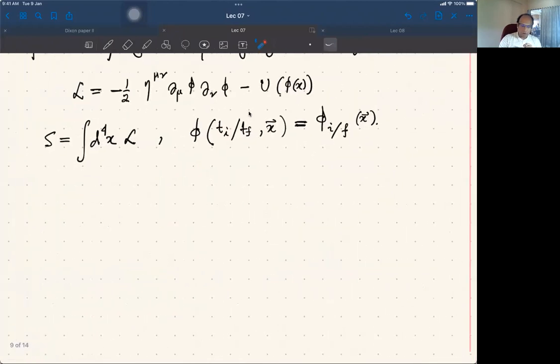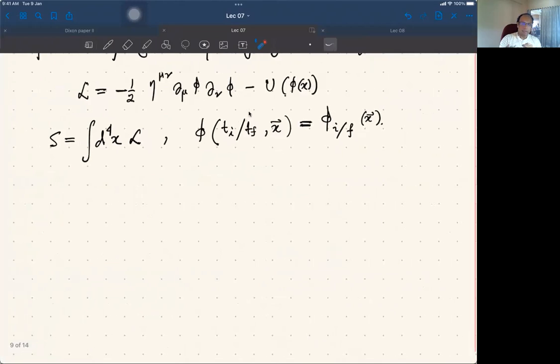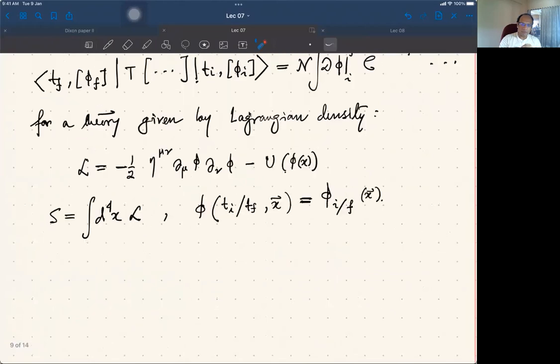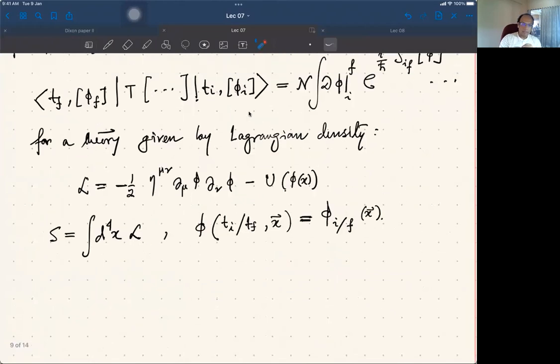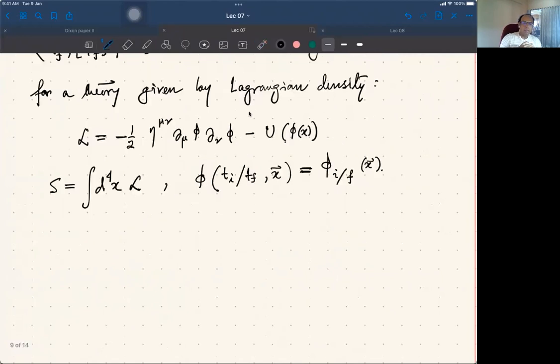Now let me make some comments regarding this. Now I'm going to interpret this statement in the light of field theory. Those are the comments that I'm going to make, and various aspects of these comments will be studied in more detail in later stages.